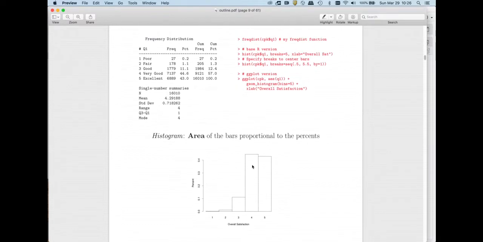So number one, we get rid of the vertical space between the bars to signal that this is a continuum. Another thing that's really important about histograms is that the only thing we interpret with a histogram is area. Okay, so the area under these bars is proportional to the percents.